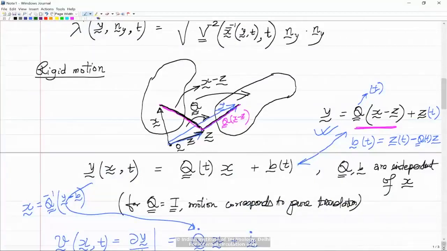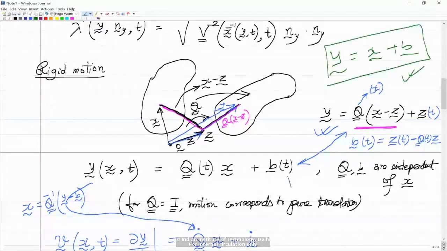You can see here, for example, when you want to do pure translation, put Q equal to identity, and you see that it is indeed like that. In case of pure translation, isn't it that y is equal to x plus b? All the quantities are displaced by the same quantity b. Okay, understood, sir.